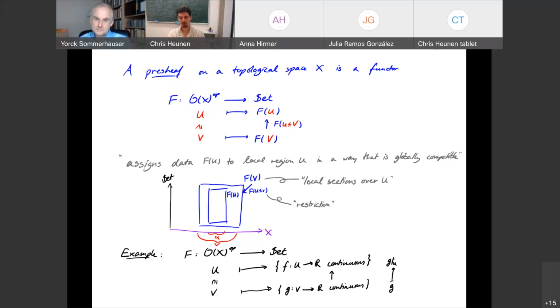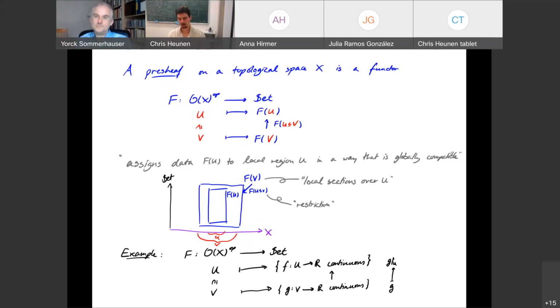And because U is contained in V, we insist that there is a function from the big blue rectangle to the small blue one. And we'll call that restriction. And the sets that are attached to opens, so these F(U) and these F(V), we'll call those sets of local sections. We'll call elements of them local sections over U and V respectively.